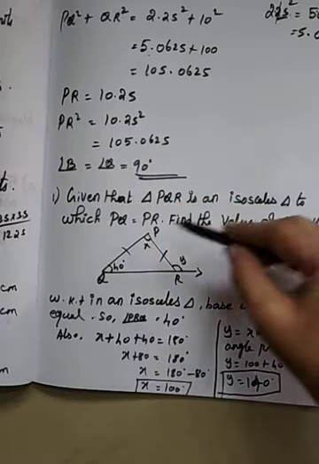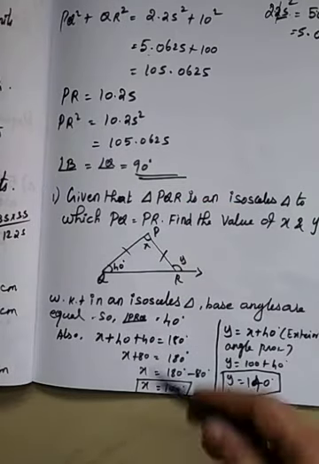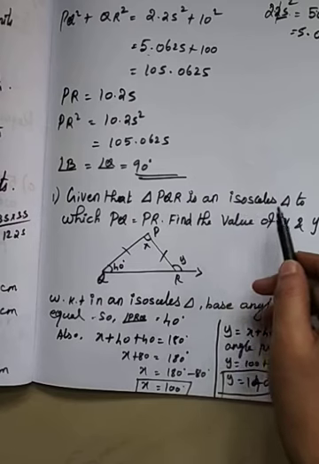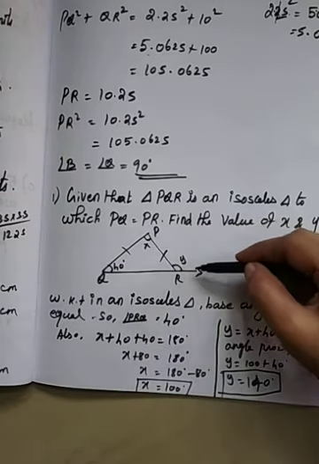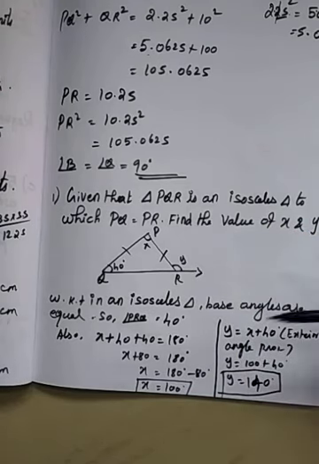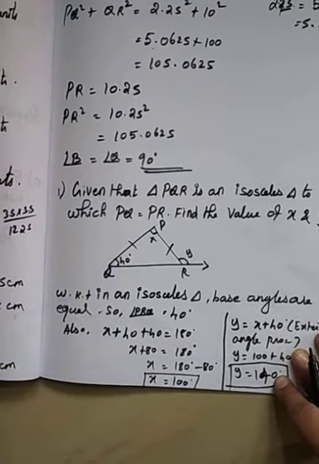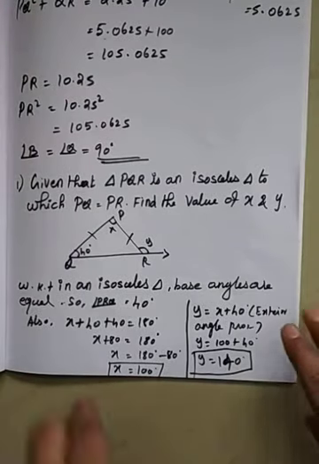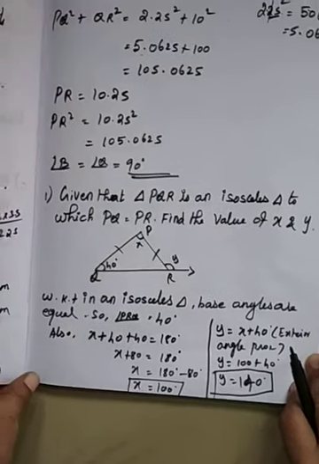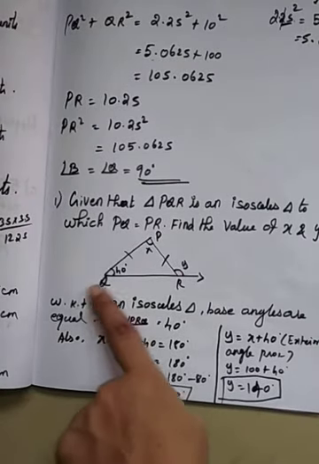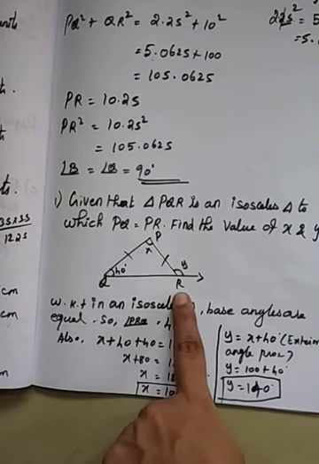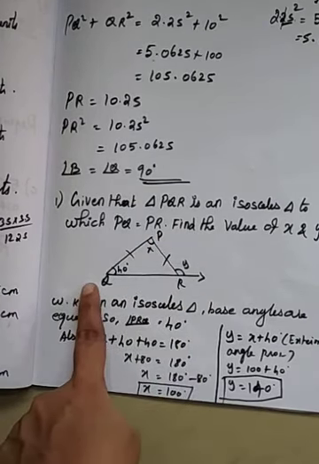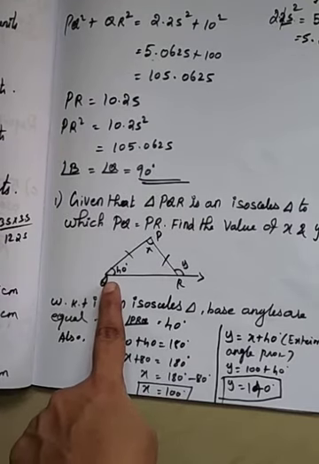The given triangle is PQR, and the triangle PQR is an isosceles triangle in which PQ equals PR. Find the value of x and y. How can you solve this problem? Isosceles triangle means base angles are equal. This is the base. This angle PQR is 40 degrees, so angle PRQ is also 40 degrees. This is the isosceles triangle definition.